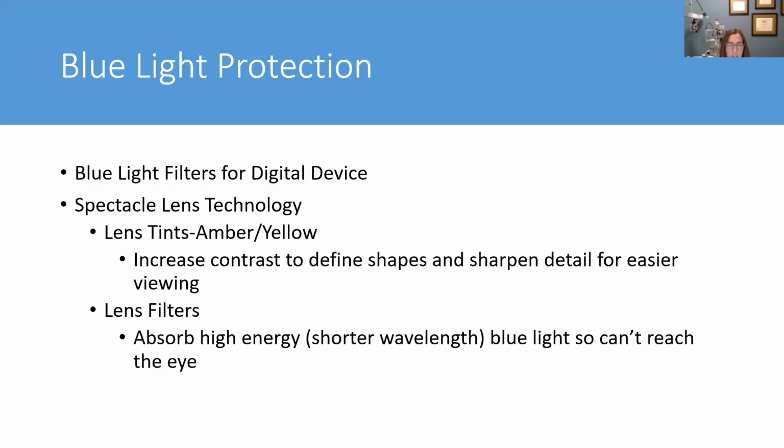Otherwise, because of more interest in what blue light does to our eye, there are clear filters that can be incorporated into our glasses that help absorb that blue light while letting through the blue light that drives our circadian rhythm, so that we're not getting as much and we can still wear a clear pair of glasses.